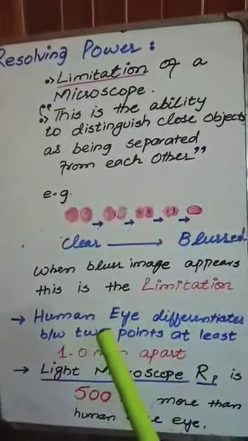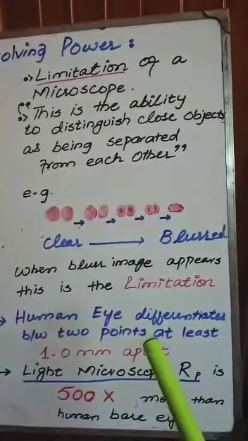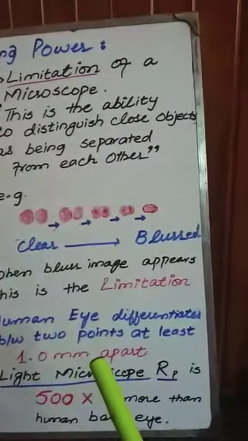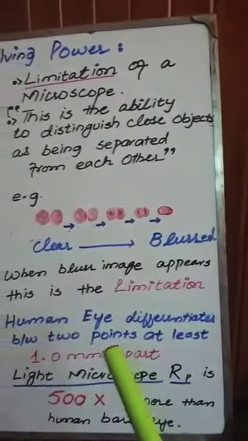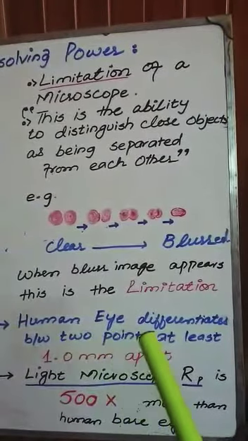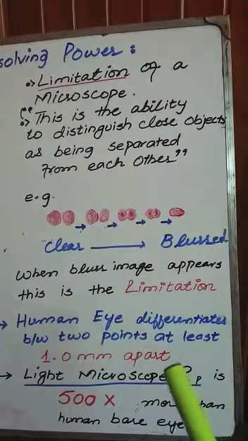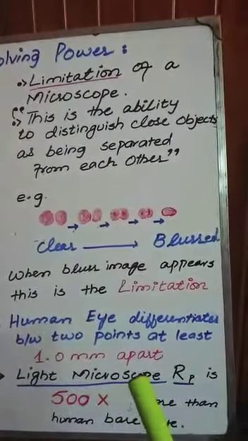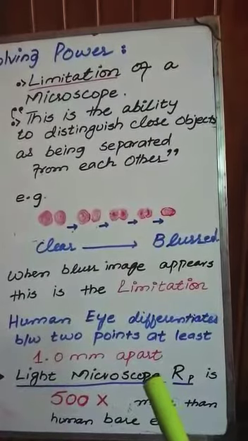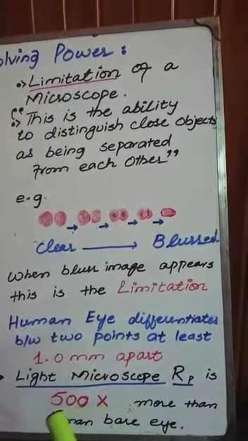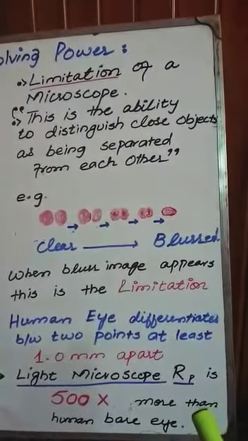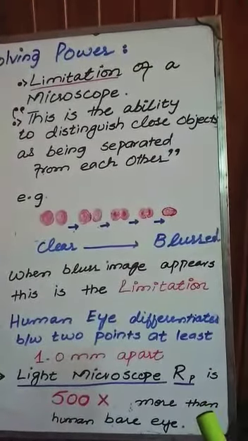Likewise, the human eye differentiates between two points at least 1 mm apart. This is the limitation of the human eye. Similarly, if we compare it with the light microscope, it gives us resolution 500 times better than the human bare eye.